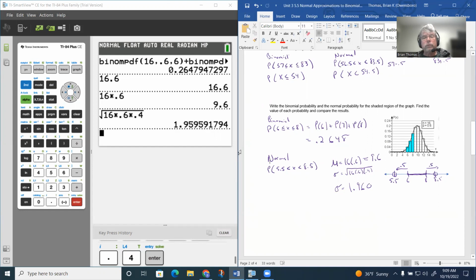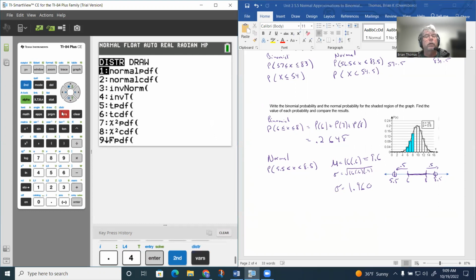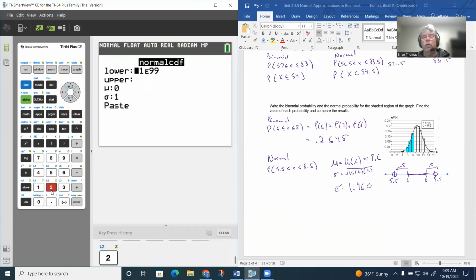So now I can actually do my shortcut on my calculator. So second distributions, and then number 2 for the cumulative probability. So again, my lower bound was the 5.5. My upper bound was the 8.5. And then my mean was the 9.6. And my standard deviation is the 1.96.